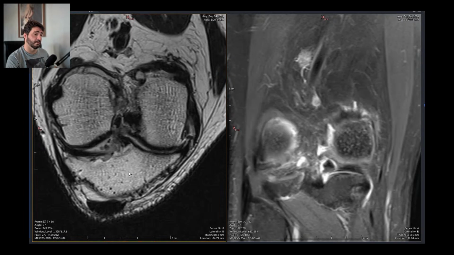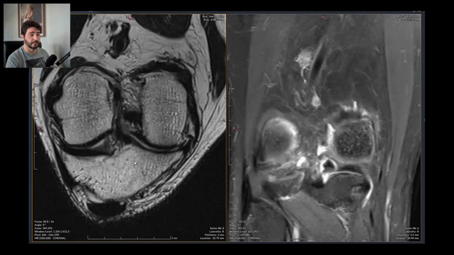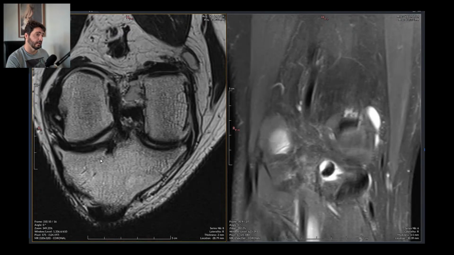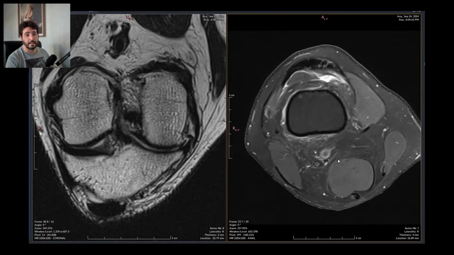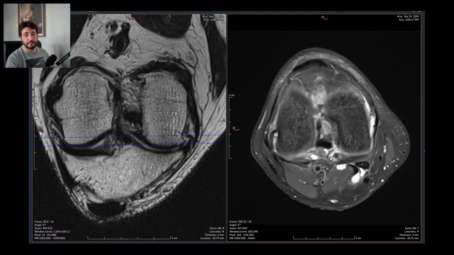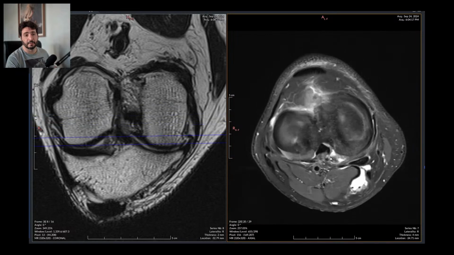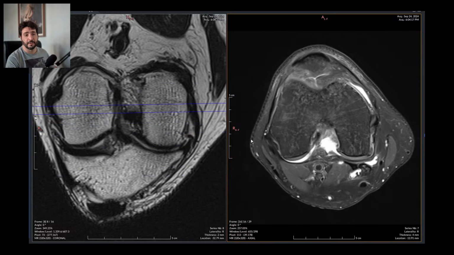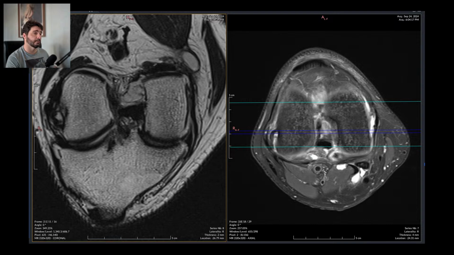But for some unknown reason, people just choose to do these terrible oblique sequences without fat saturation, which makes no sense and delivers very few information about the ligaments, especially the anterior cruciate ligament.